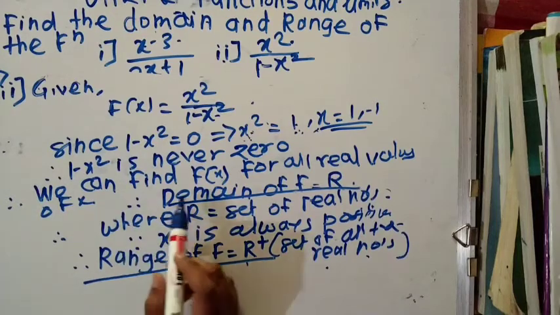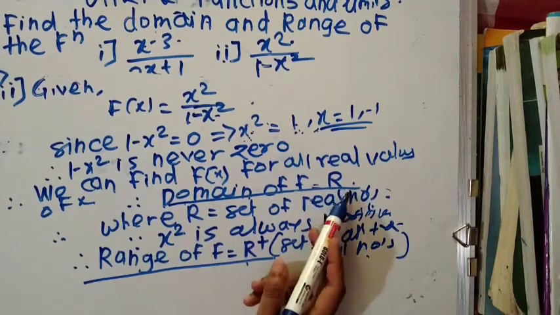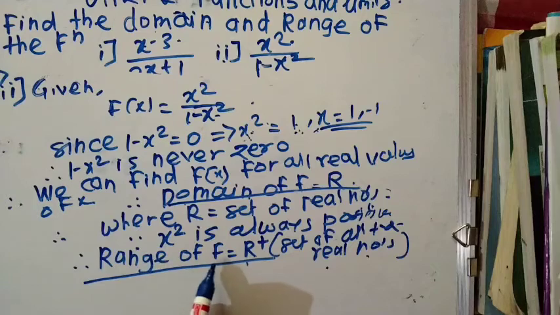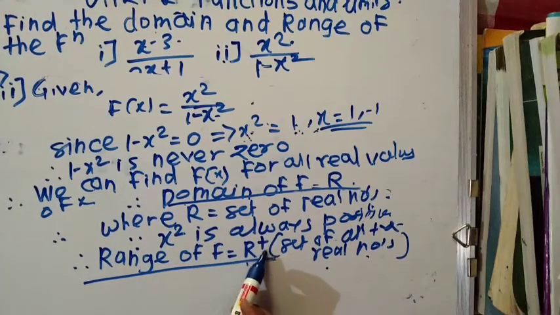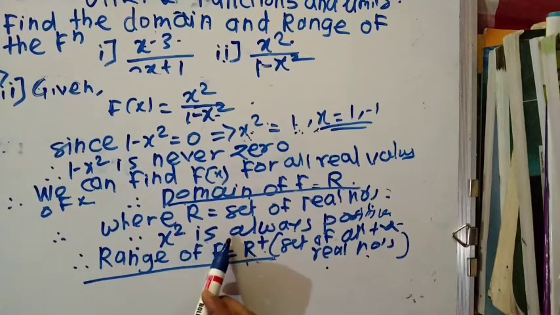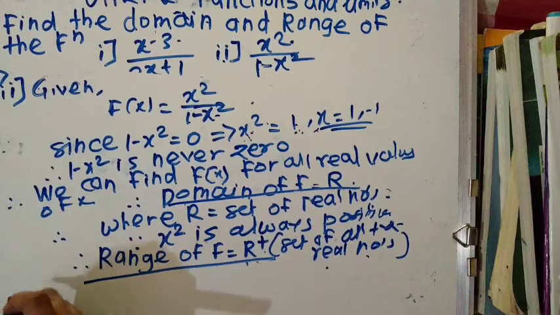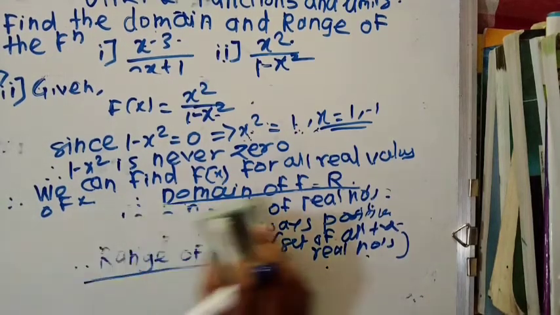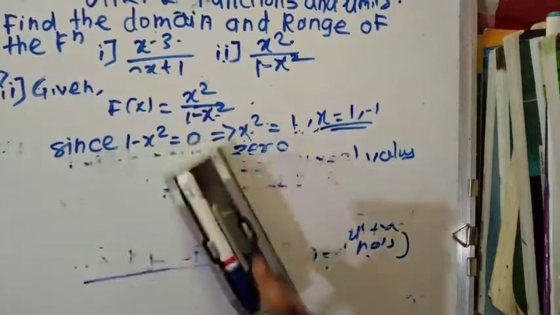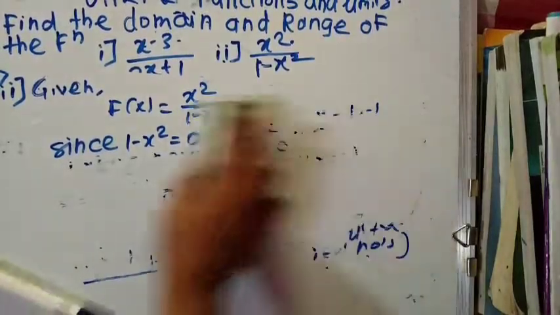So the domain of f is equal to R and the range of f is equal to R plus, means x square is always positive. Then we study the next example.